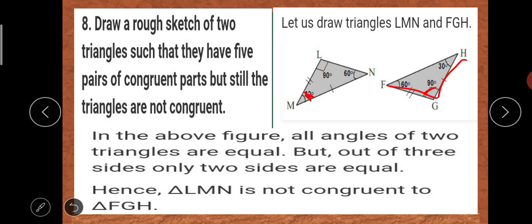Here L is equal to G, M is equal to H, and N is equal to F. Their sides are also given. LM is congruent to FG, and MN is congruent to the same side of GH. So here we can say that the triangles are not congruent, though many parts are congruent.